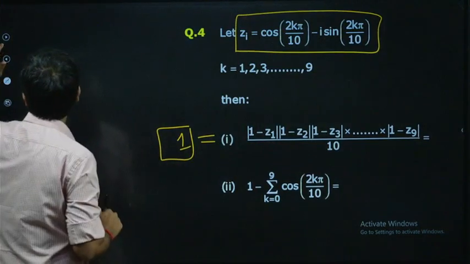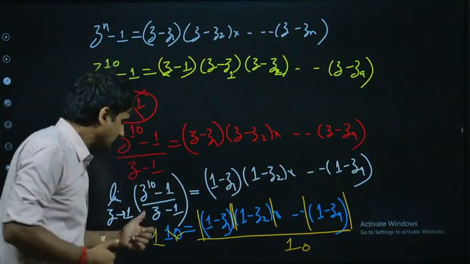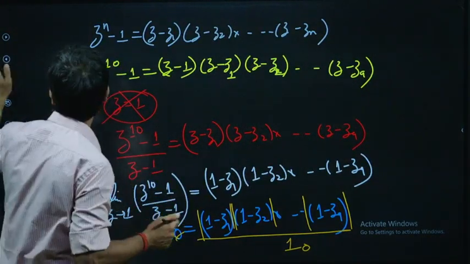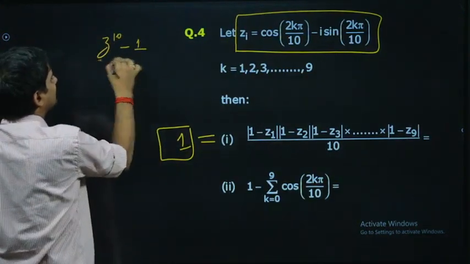As I said, there are at least two ways of approaching it that I can see here. One is the evaluation of the limit. The other one could be z raised to 10 minus 1 upon z minus 1.